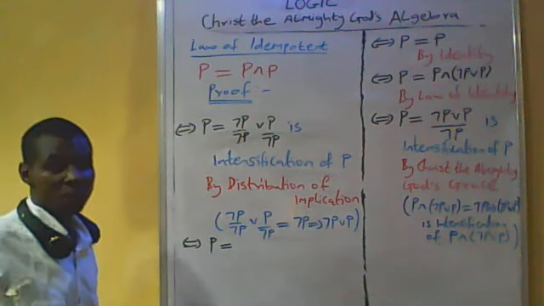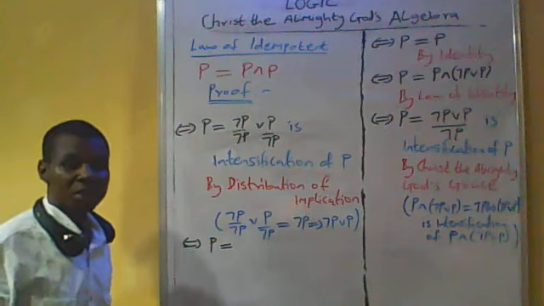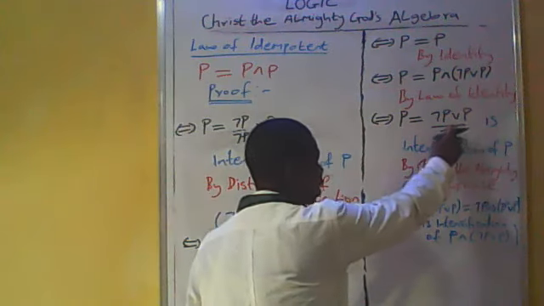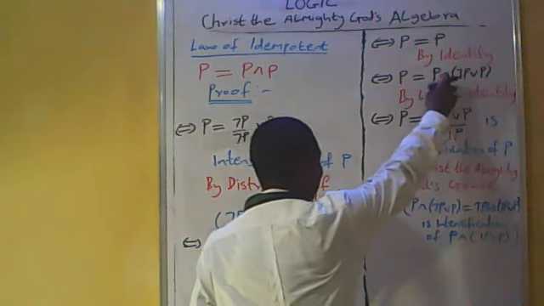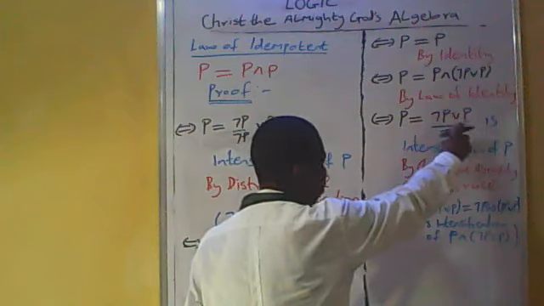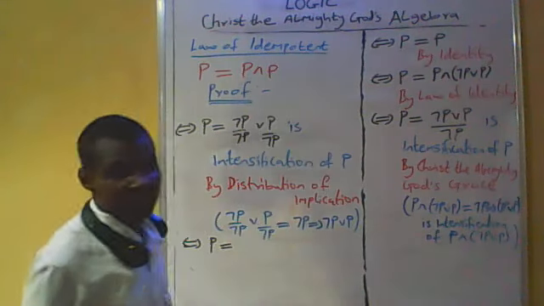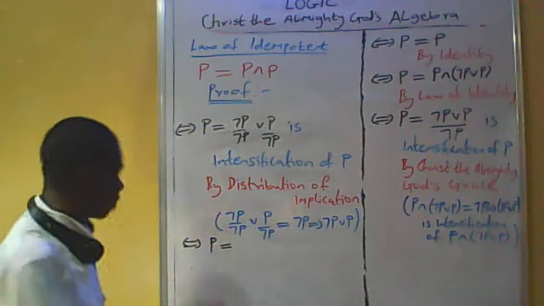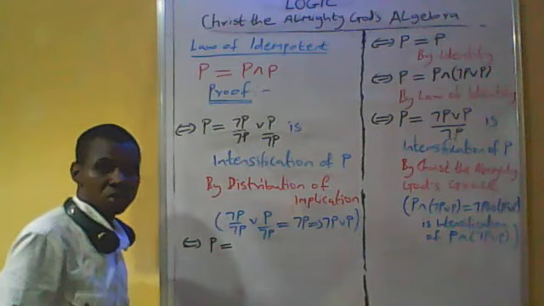We are going to transform them to conjunctive statements, because this not P is being generated from the conjunctive statement, that means P and bracket not P or P. Since it is being generated from the conjunctive statement, anytime I want to revise it, it is going to be in conjunctive statement.